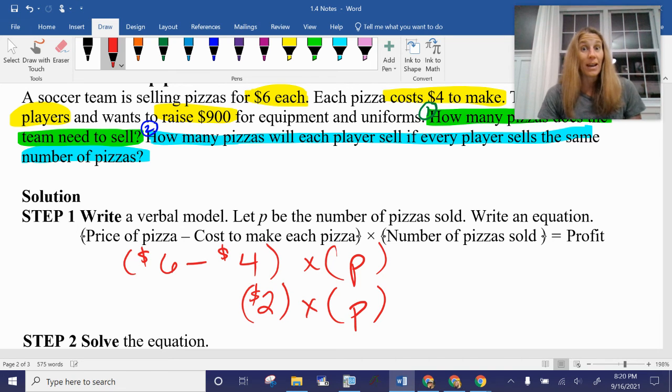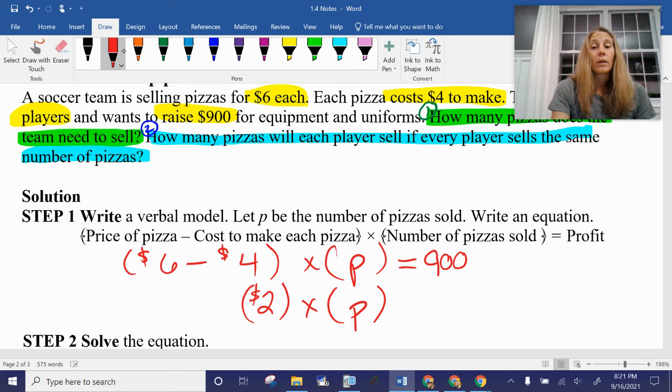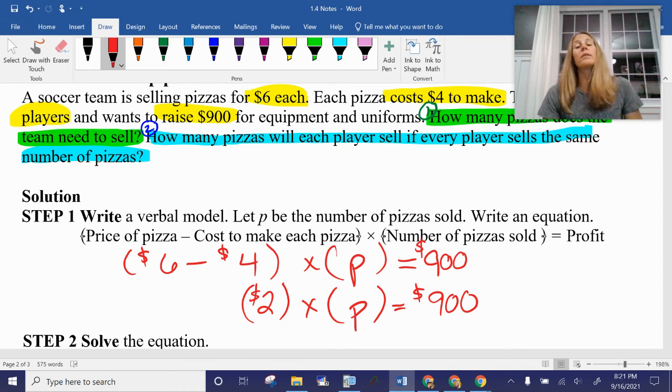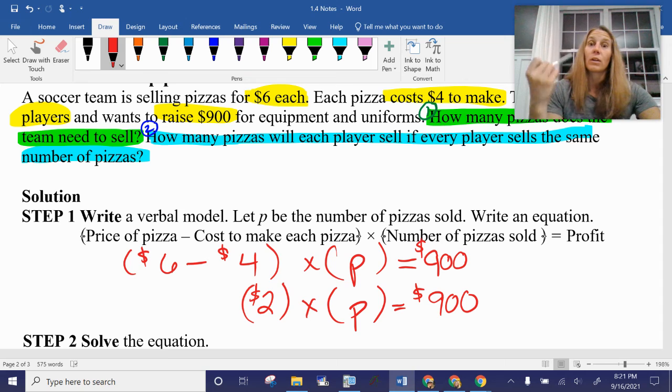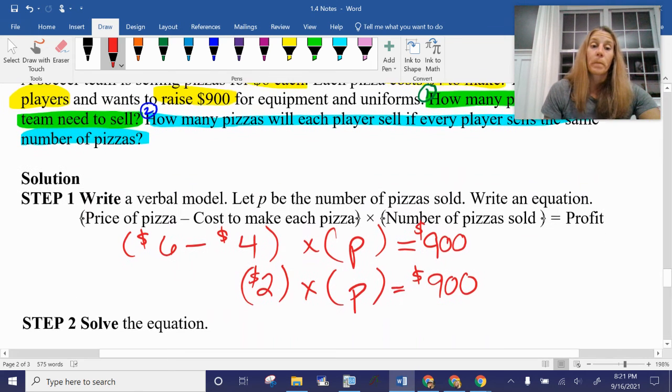That's what we're trying to find out, so that's our variable. And we're hoping that all of this gives us a profit of $900. So even though you could have probably done a lot of that in your head, if you have to write something on paper and you're not sure how to do it, sometimes you might want to start by talking yourself through it.